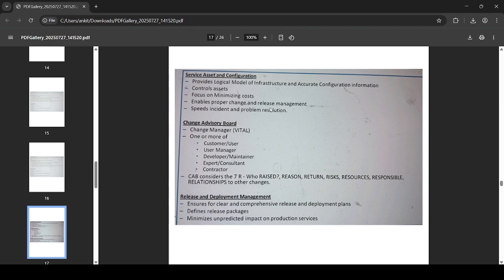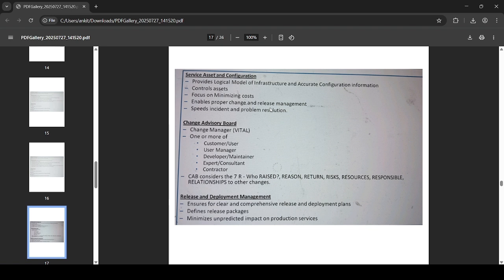If you have configuration management, we have also seen the configuration item in the ITSM module, right? So what does configuration management tell? It tells about all the databases, whatever asset database, whatever data is in the database, so it comes under service transition.